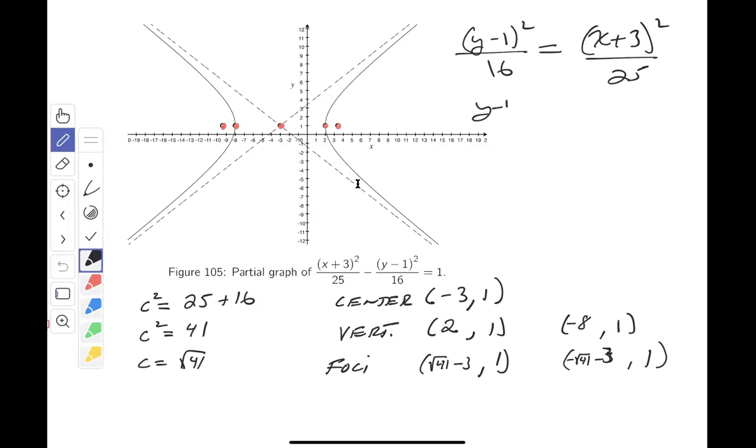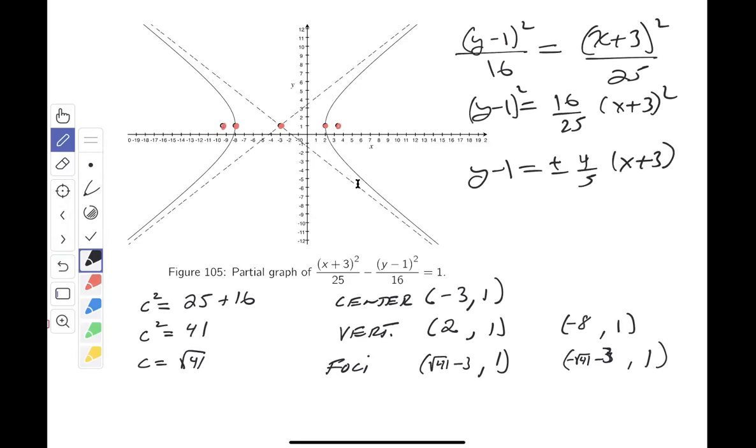Well, y minus 1 squared equals 16 over 25 times x plus 3 squared. Square root rule, y minus 1 equals plus or minus, well, the square root of 16 over 25 is 4/5, times x plus 3. So y is going to be equal to 1 plus or minus 4/5 times x plus 3.